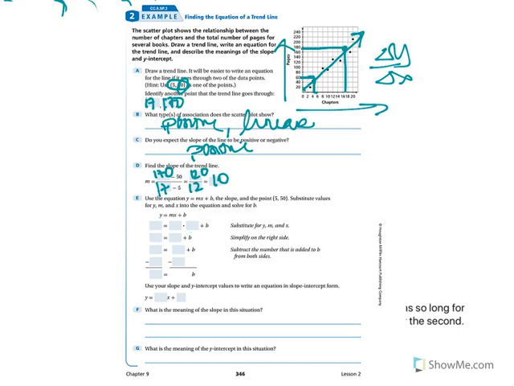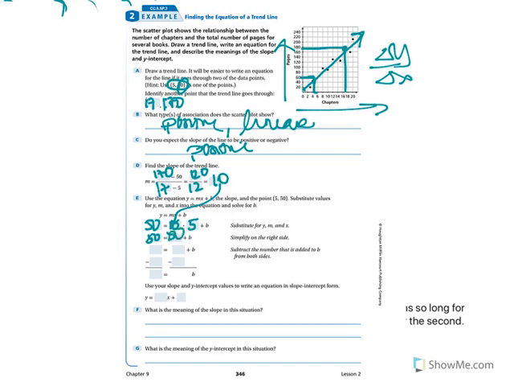Plugging in our x and y, not leaving them there, okay? And we're going to use their point, the 5, 50. So y is 50, x is 5, and then the slope that we just found is 10. So we have 50 is equal to the 10 times 5 gives me 50 plus b.